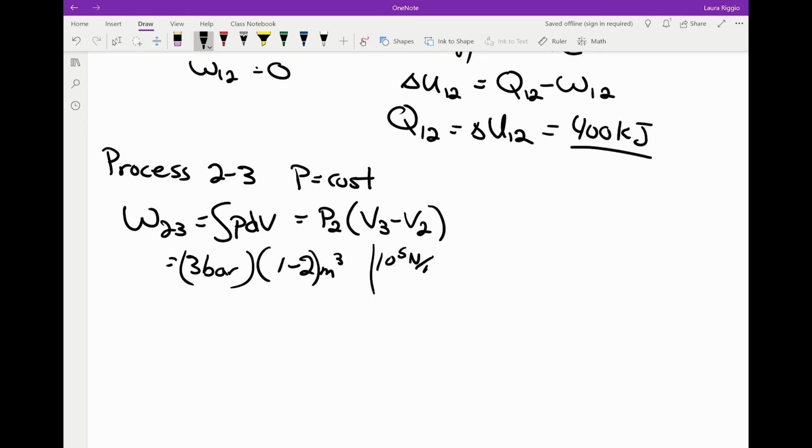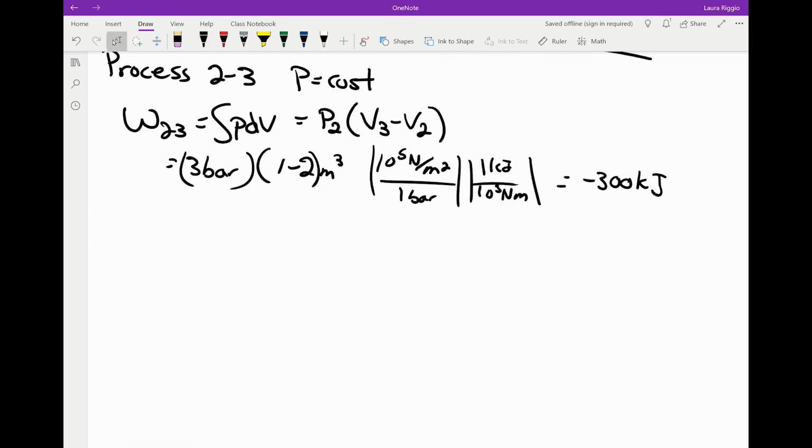I'm going to correct my units. And I get an answer of minus 300 kilojoules. In order to calculate the heat transfer for process 2 to 3, we need to know the change in internal energy from process 2 to 3.